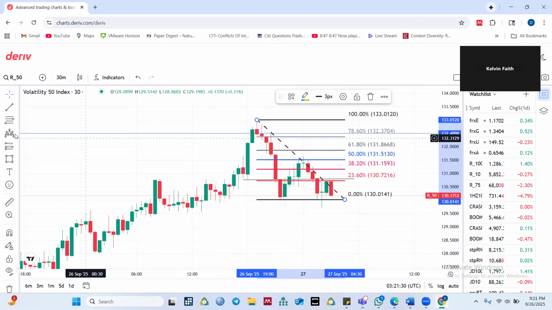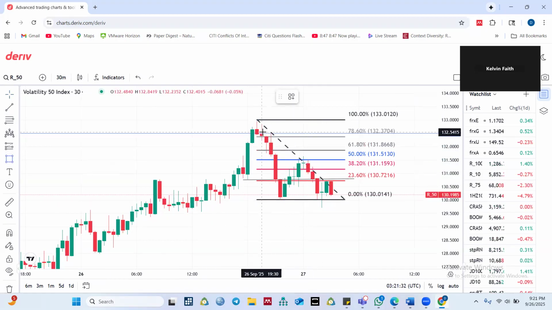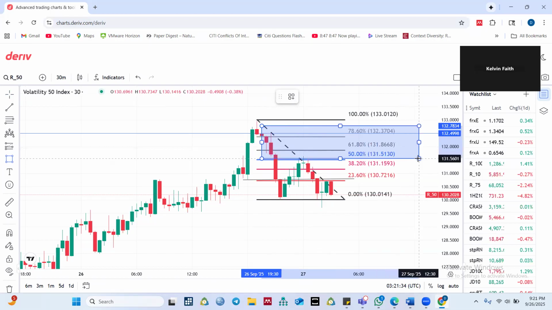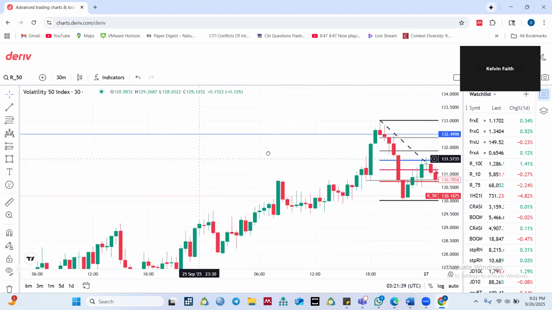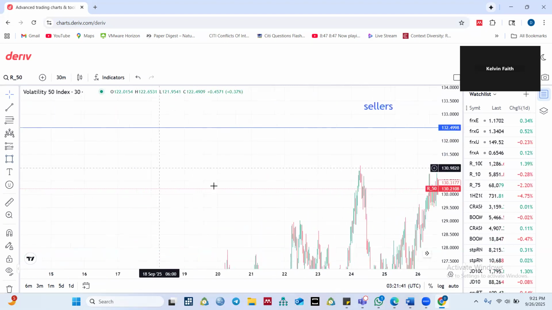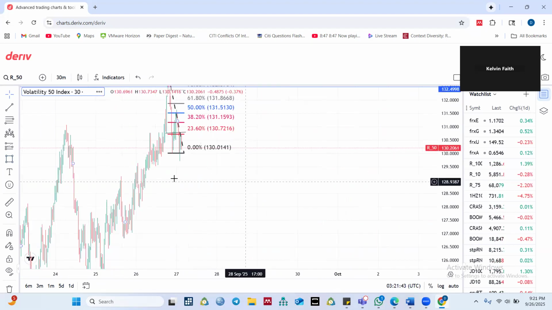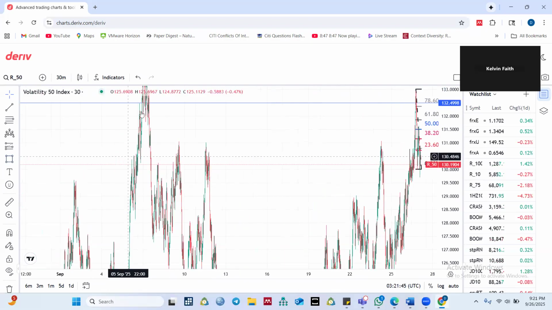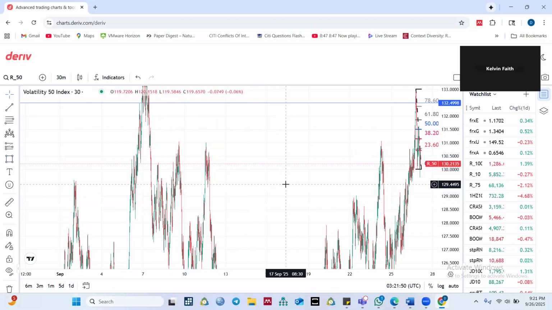Okay, so 50%. Ideally, we should expect price to pull back into premium, but equilibrium is also good because we've seen at equilibrium around here, price gave us that sell back here, at equilibrium here. Price gave that sell.